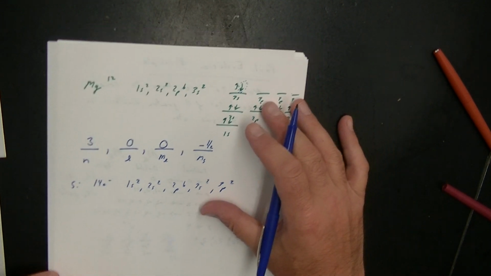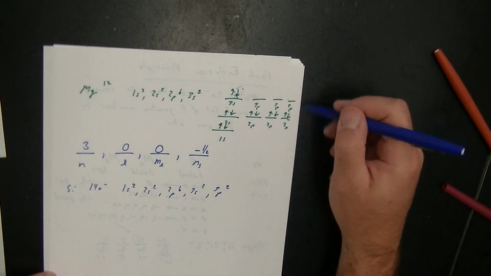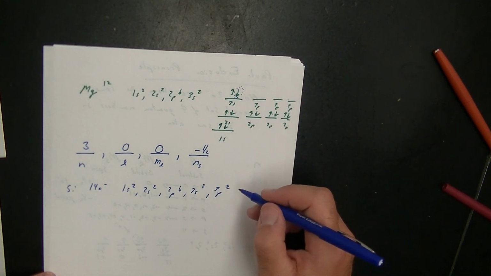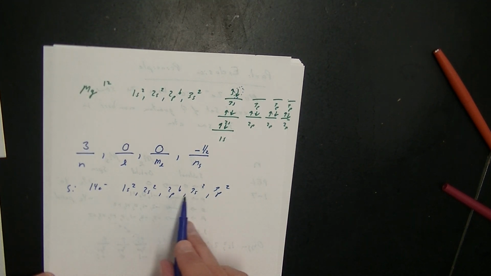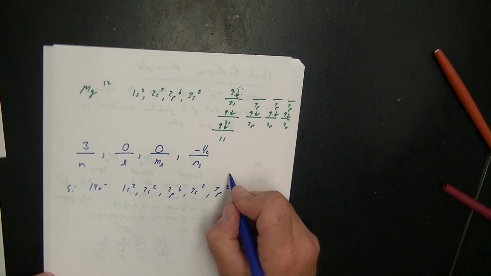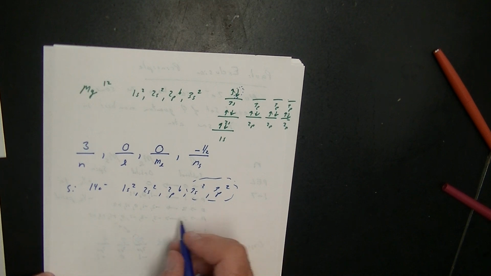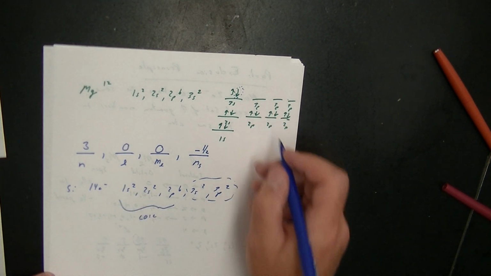Now, my question for you is, do I need to do this whole thing? I really don't need these core electrons. I really don't care about any of these when I'm coming up with my quantum numbers. I'm really only worried about this outside PEL. So do I really need to write all this out?